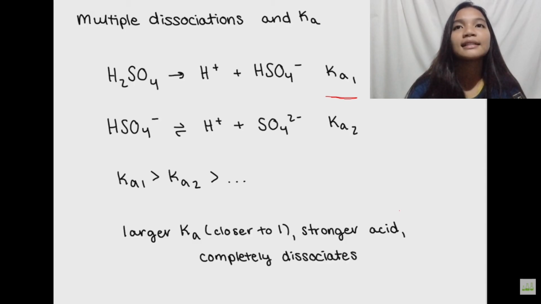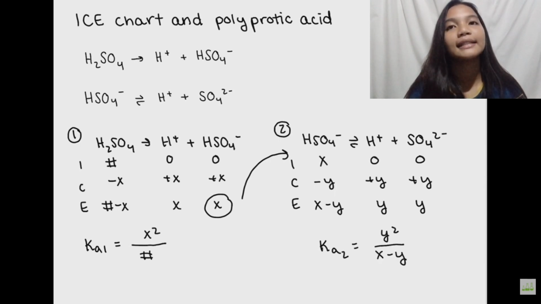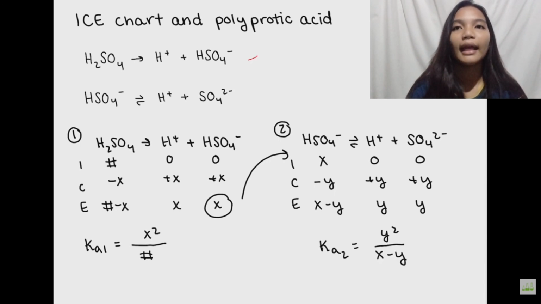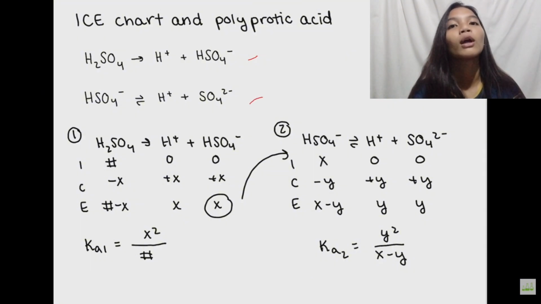Then for this case, the ICE chart, there are two breakdowns, so we have two ICE tables. For the first ICE table, we put the acid: H2SO4 breaks into H+ plus HSO4-.